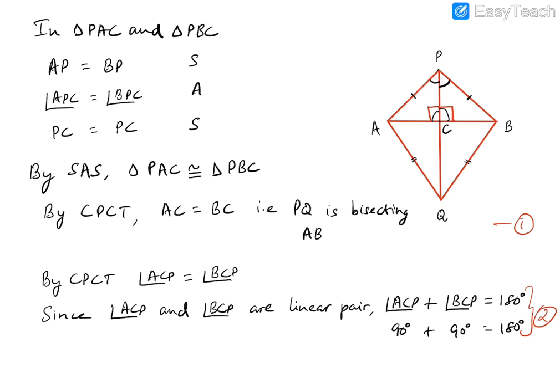So combining 1 and 2, from 1 and 2, PQ is the perpendicular bisector of AB. Okay, so we have used the ideas from SSS rule as well as from the SAS rule, and also some ideas from our previous chapter of lines and angles in proving this particular problem.